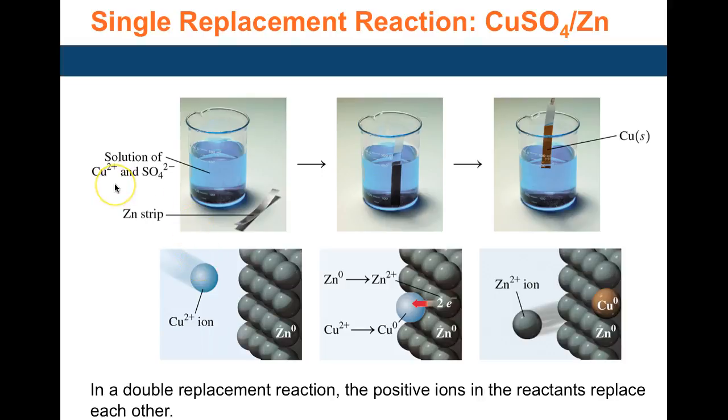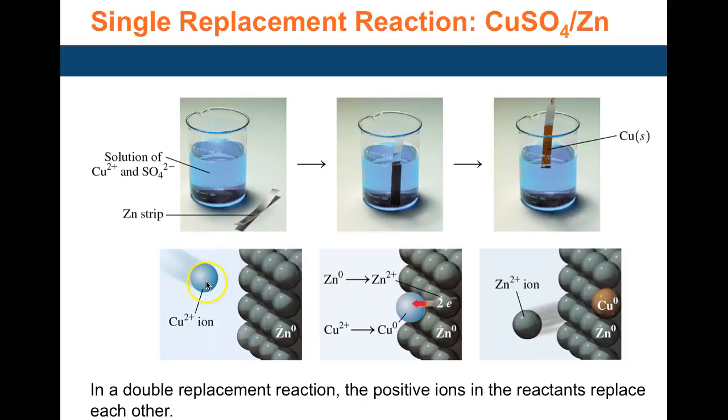So you see here copper sulfate solution. The copper and the sulfate ions are split apart, forming a clear solution, although it's blue in color. Now you put a zinc strip in that, all right? And so what do you see happening? The zinc is getting dissolved, but at the same time you see some red copper appearing on top of the zinc.